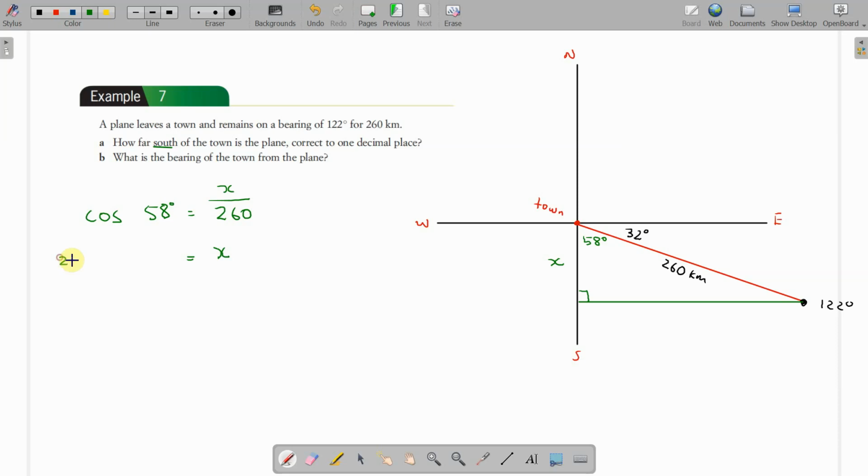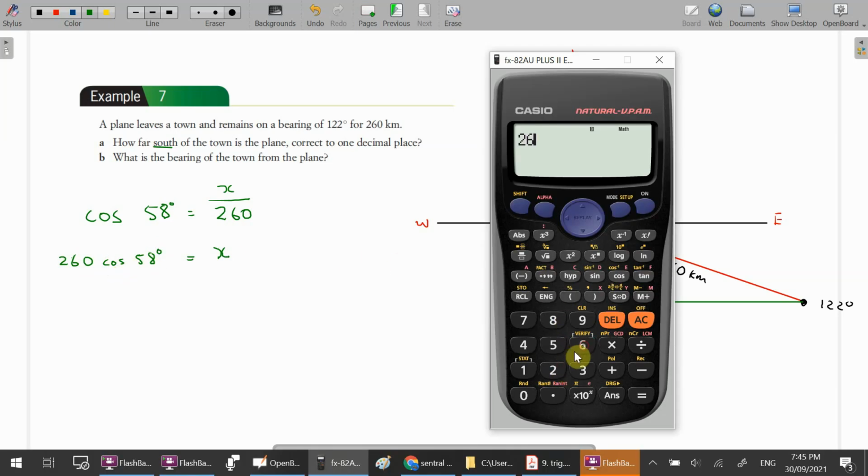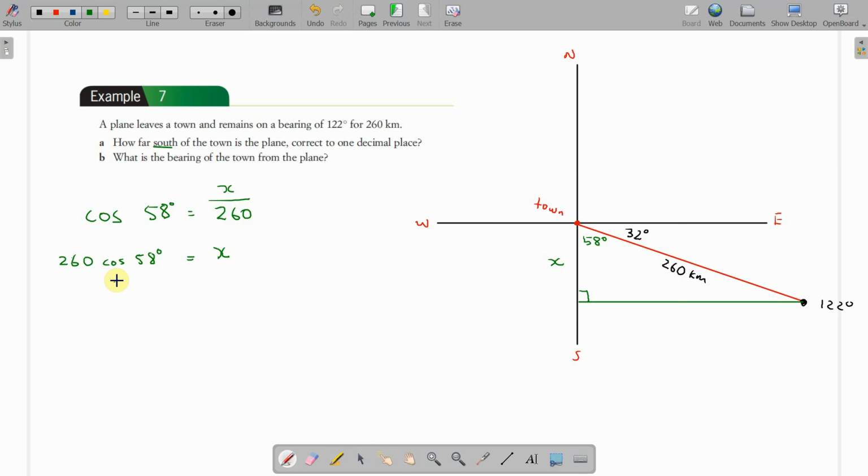That gives 260 cos 58 on the calculator, in degrees: 137.7 kilometres to one decimal place. That's how far that is.